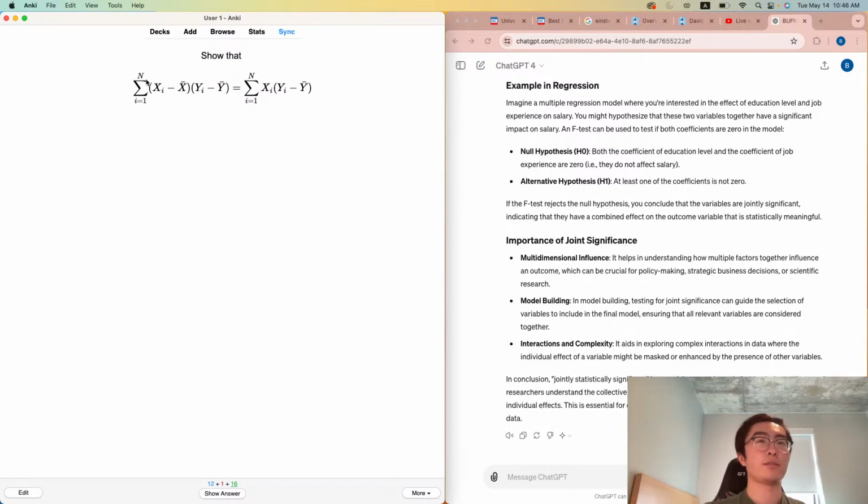So we have the sum of xi times yi minus y bar, minus the sum of x bar times yi minus y bar. You notice that this is our left-hand sum, so that means our right term has to equal 0. Remember it's x bar times yi minus y bar.